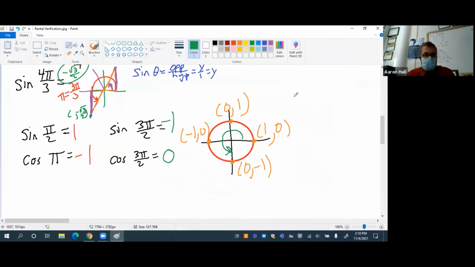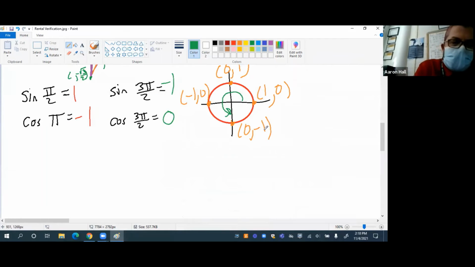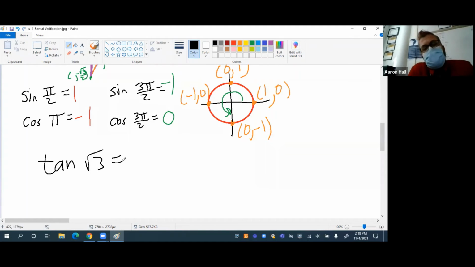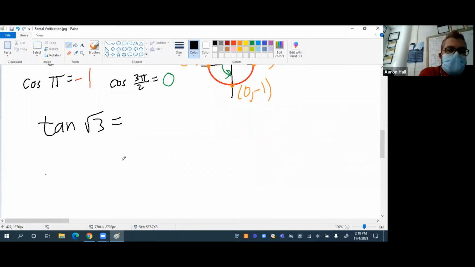So what if you're given something like tangent of pi fourths?